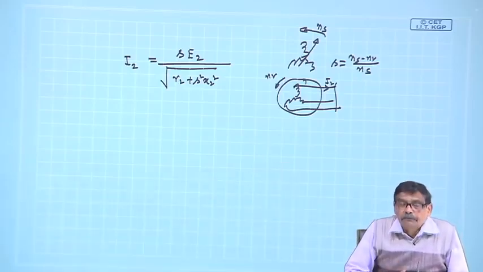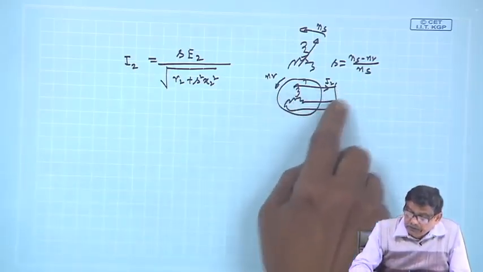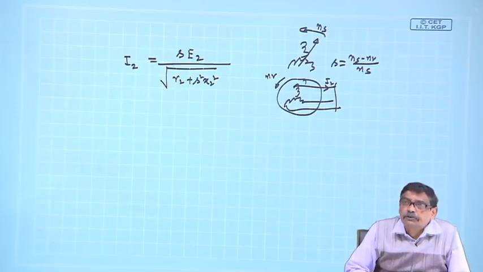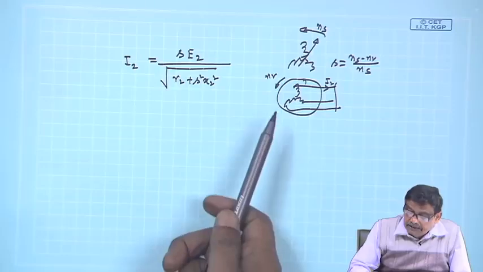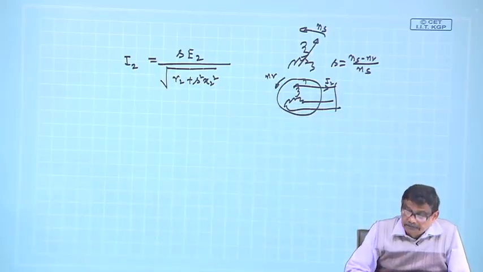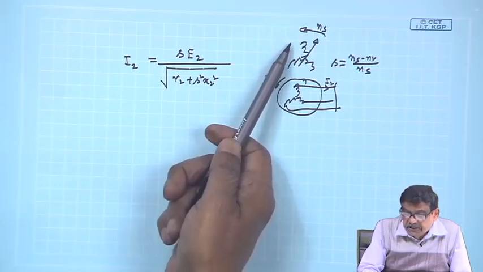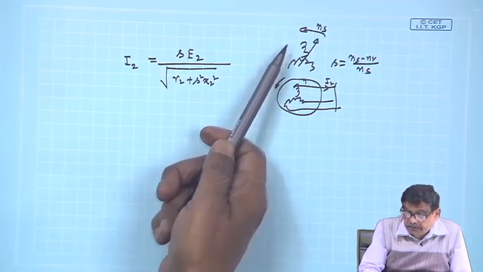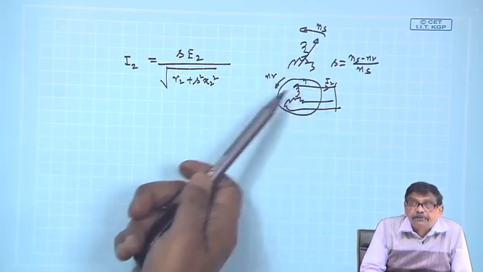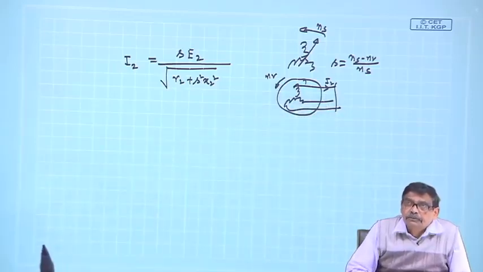Now, listen to this point. This I2, when it carries current, I told you it will create a rotating field. At what speed will a stationary observer, the stator coil, see this field move?